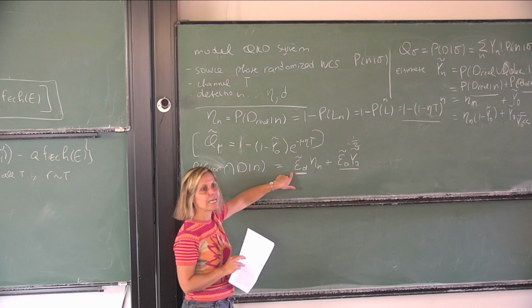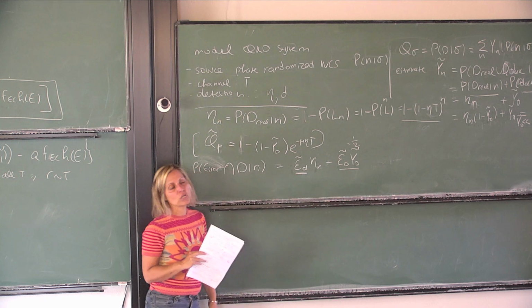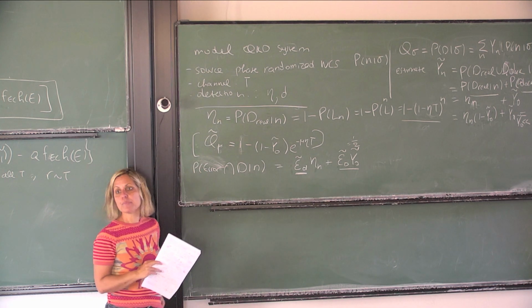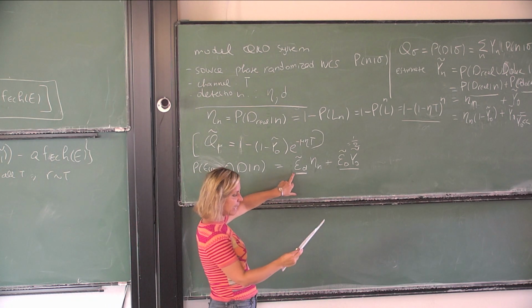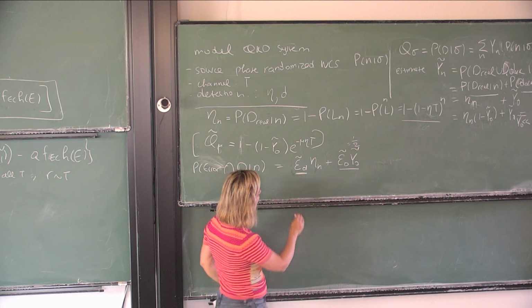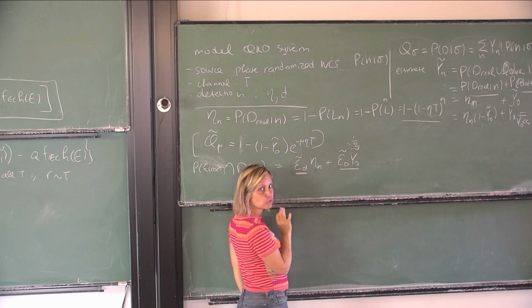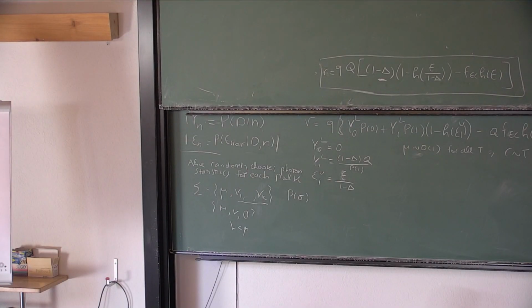What can lead a pulse to go to the wrong detector? It can be source flaws, encoding flaws, or different imperfections in the system. Also, what you can see in this expression is that all these events are considered mutually exclusive. This is an important assumption that we consider here.